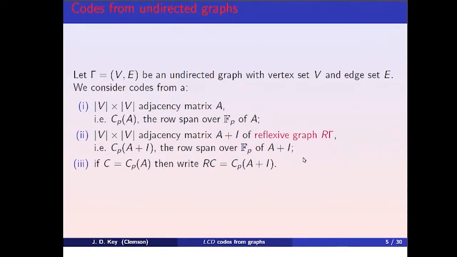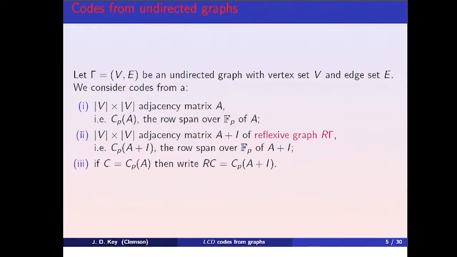There's been a lot of work on codes related to graphs, and I'm talking about codes from the adjacency matrix. The other ones are easier to work with, but the adjacency ones are tougher. They're all different for different graphs. So you take an adjacency matrix A for a graph, and I'm writing C_p(A) to be the span over a finite field, characteristic p, a prime field.